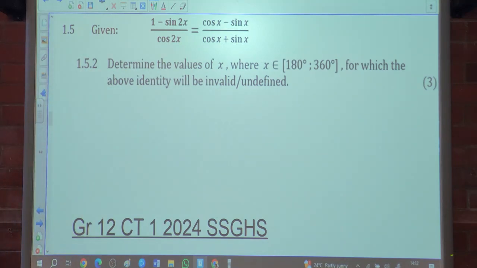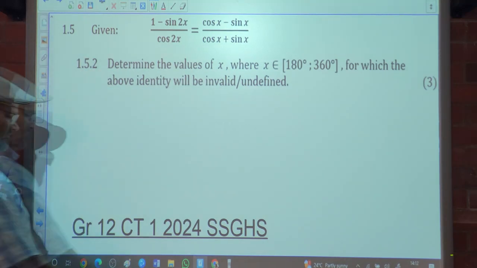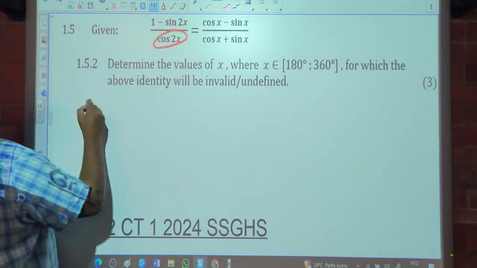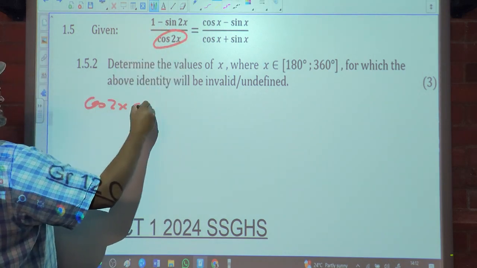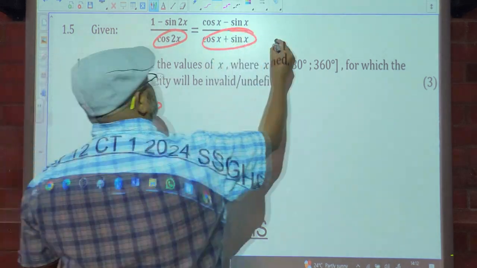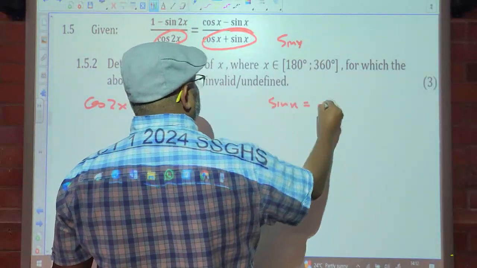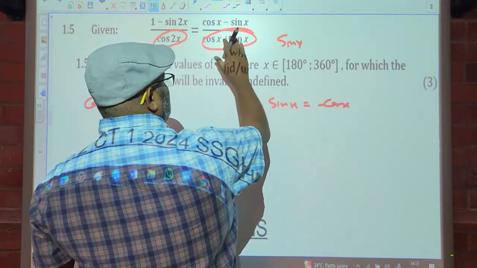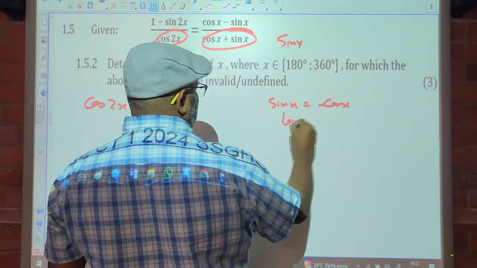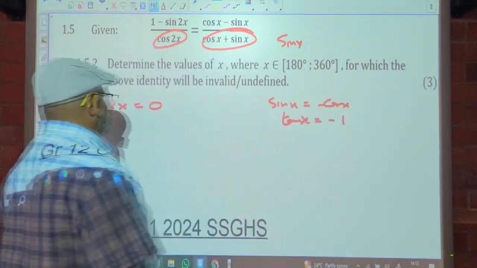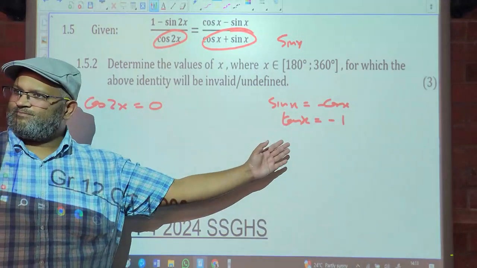It's when the denominator is equal to 0. So in other words, it's where cos 2x is equal to 0 or sin x equals negative cos x. So sin x plus cos x equals 0. So in other words, tan x is equal to negative 1. So it's at these 2 points.